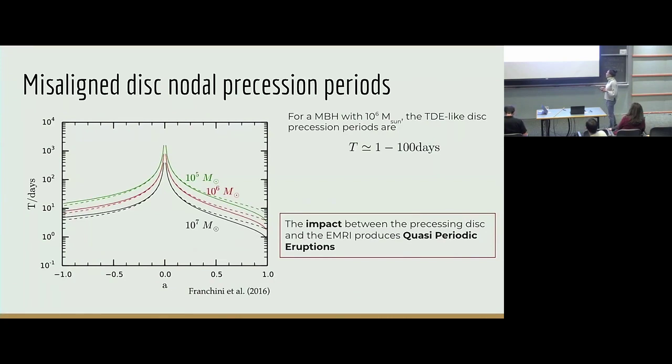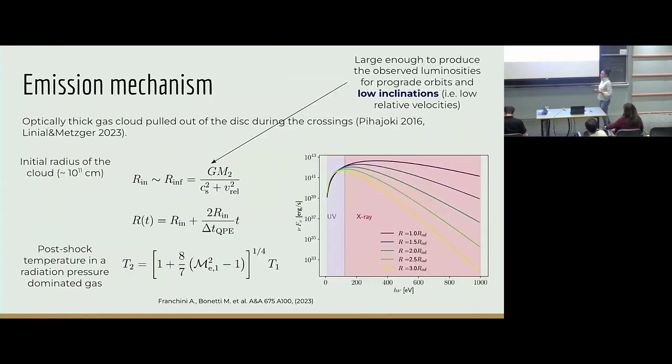So we assume that the impact between this precessing disk and the EMRI companion produces the QPE. Since we wanted to eventually construct the light curves, so not only giving timing properties, but also actually build a light curve that is similar to the observed ones, we had to assume an emission mechanism.